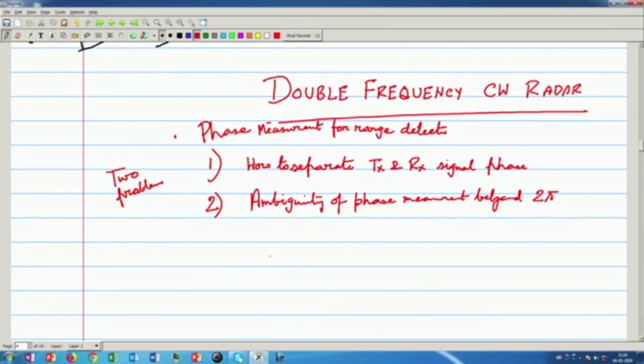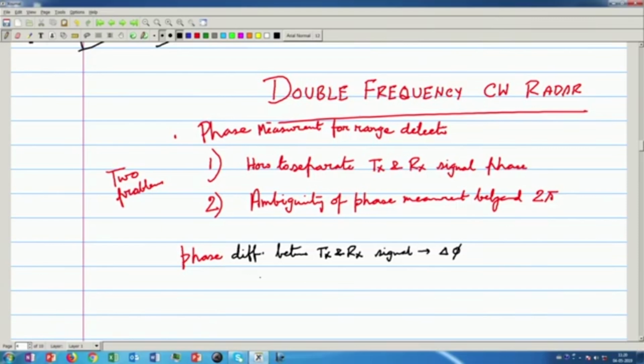So, these two we will see, but let us say that if I can measure phase, then how can I measure range? You see, what is the phase difference? Phase difference between transmitted and received signal, let that be delta phi.